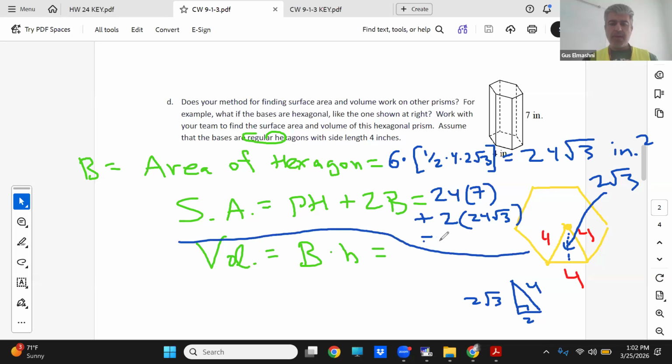So you should be getting 168. And by the way, can I add 168 to 48? No, please don't do that. We talked about that already. So we'll leave it like that. We'll go exact form.